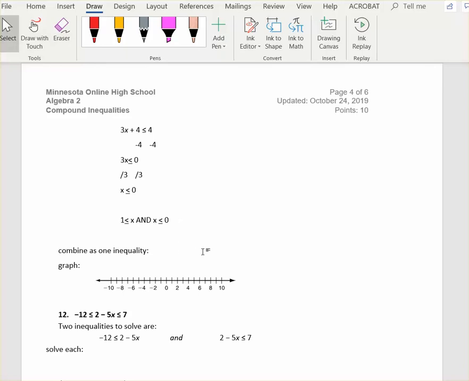The answer would be 0. And write your less than or equal sign, because that is a less than or equal right here. So we keep that. And then your x. And then your less than or equal sign. And let's look at this here. It says 1 is less than or equal to x, which is the same, if I rewrote this, as x is greater than or equal to 1.